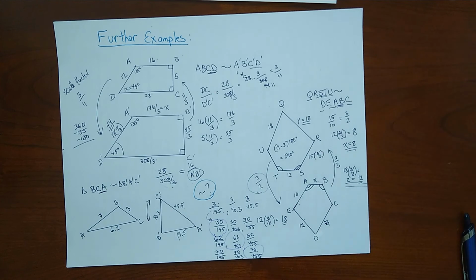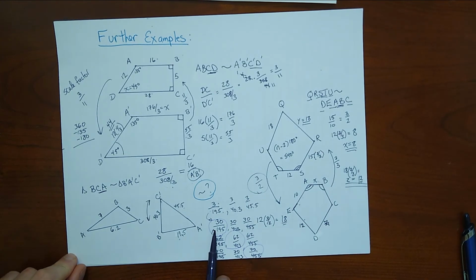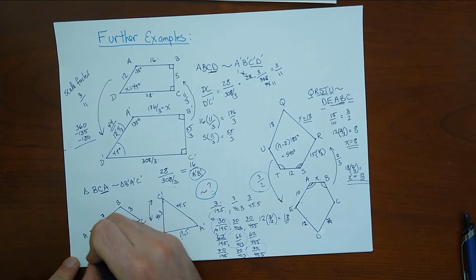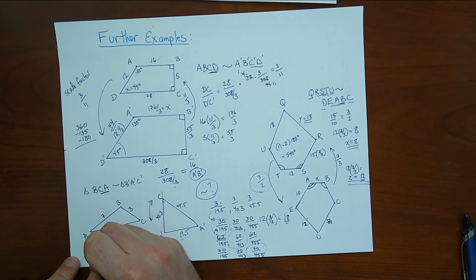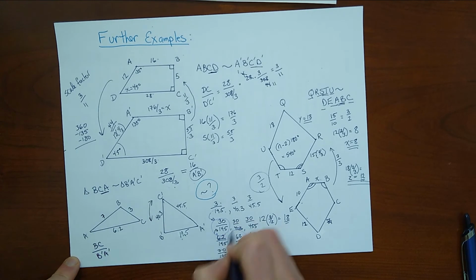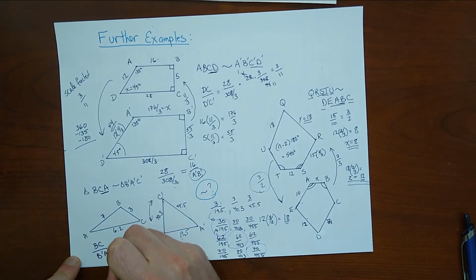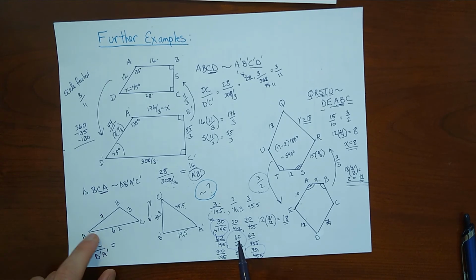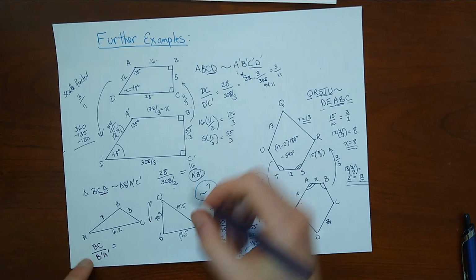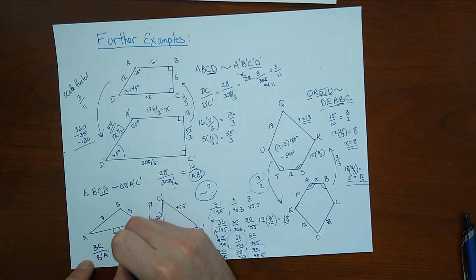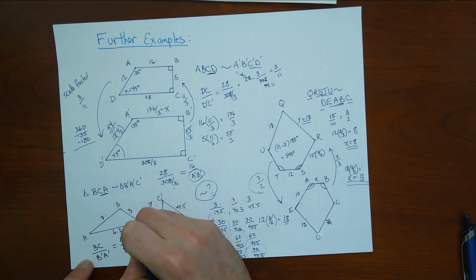So let's write these ratios out. BC to B prime A prime is the first one that reduced to 2/13. AC to B prime C prime reduced to 2/13.